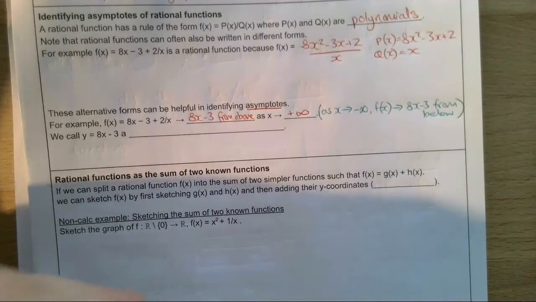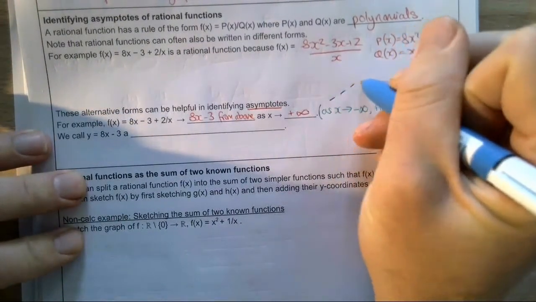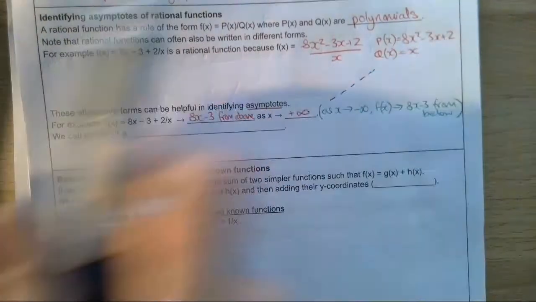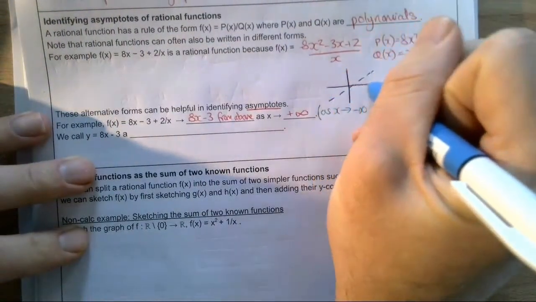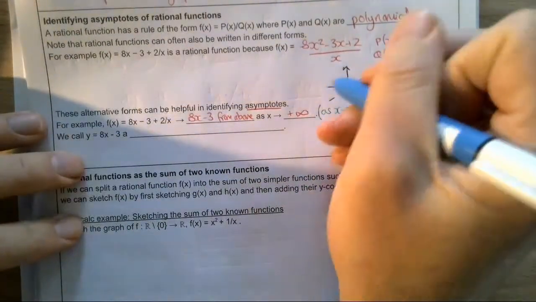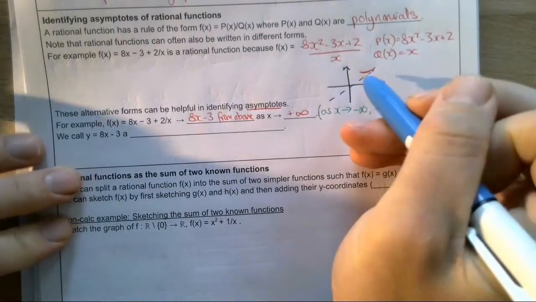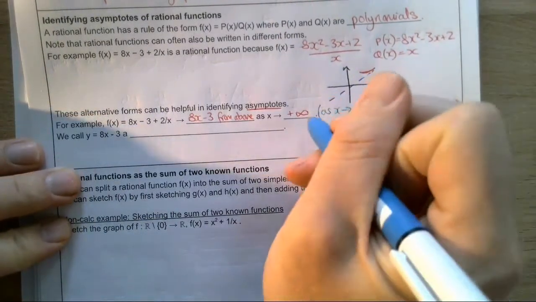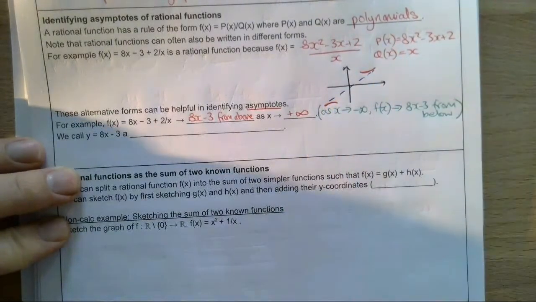Well, we're going to come on to this idea pretty soon, but if I have the graph 8x minus 3 and some kind of coordinates, what we could say about this graph already is it's going to tend to that line from above when x gets large, and it's going to tend to that line from below when x gets small.